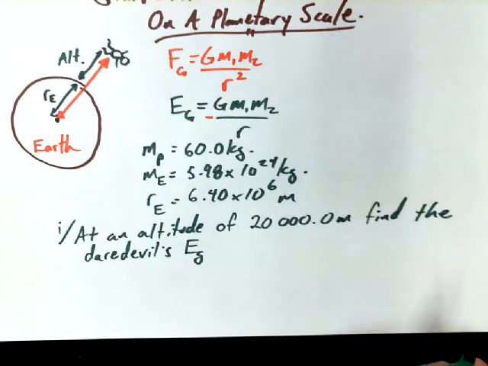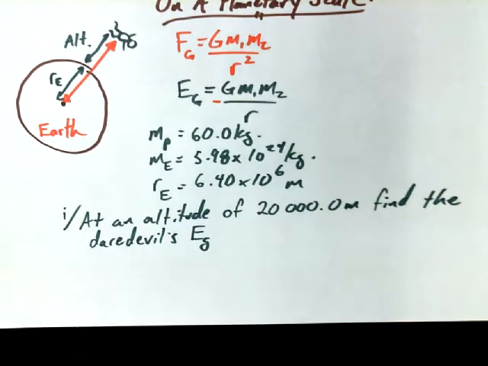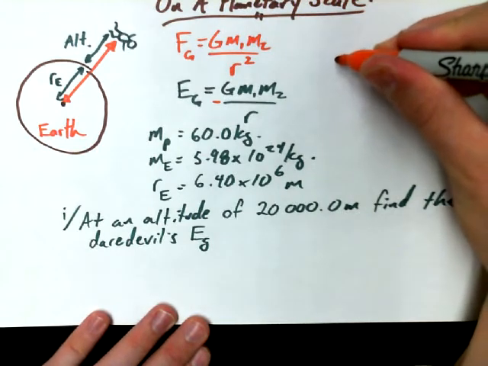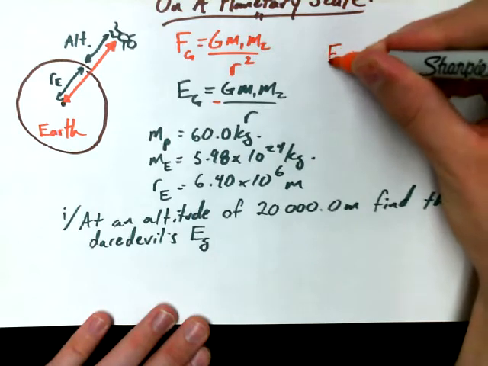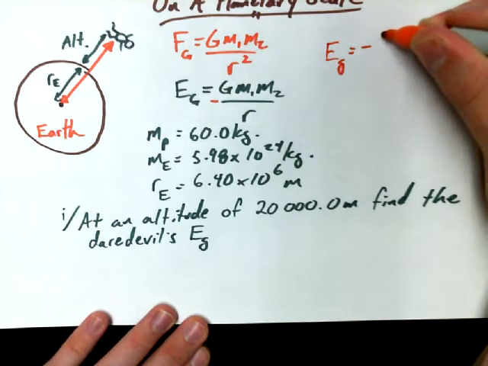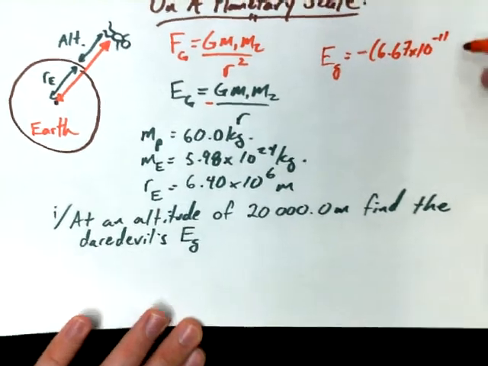Okay, why not? So before we do anything like drop them out of a spaceship from 20 kilometers up, we got to find EG. So let's plug in some values. I'm going to do it up here, although you should do it further down on your page so the layout is nicer, but I'd like to keep it all on one page. So I'm going to say EG is equal to negative 6.67 times 10 to the power of negative 11.